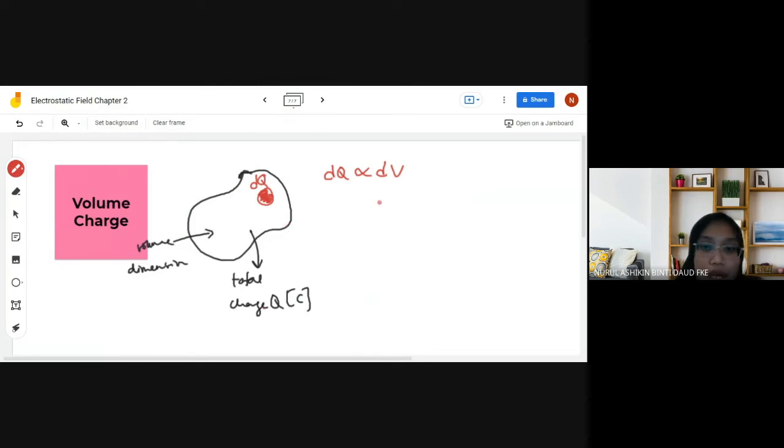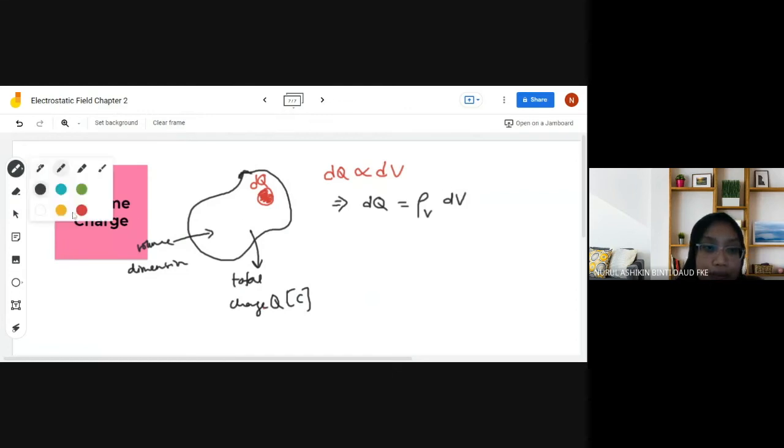So how do we change this from proportionality form to equality form? Same as before, dq equals rho v times dv.